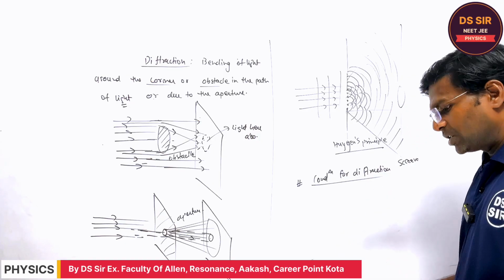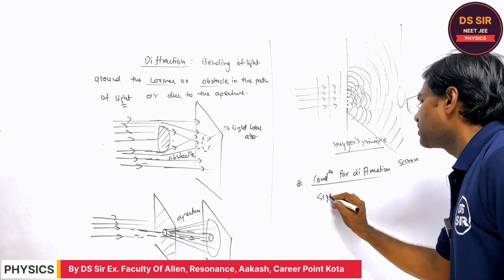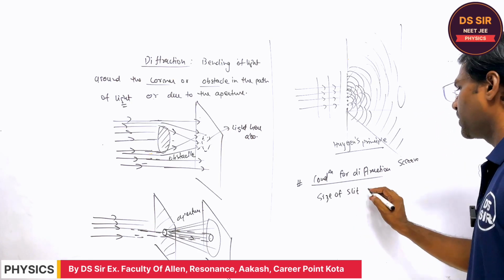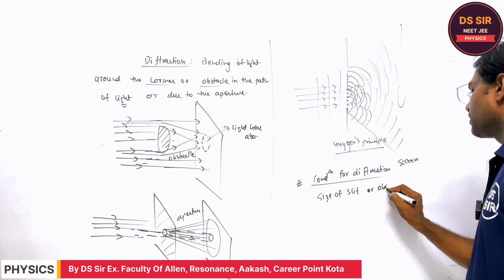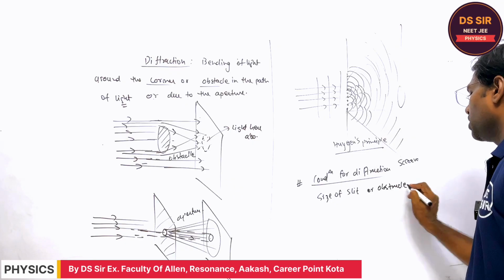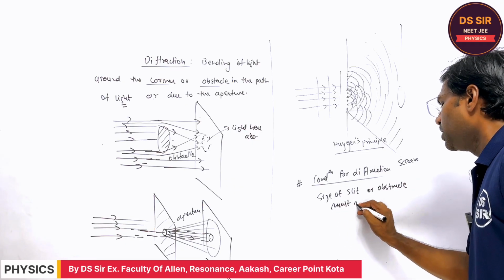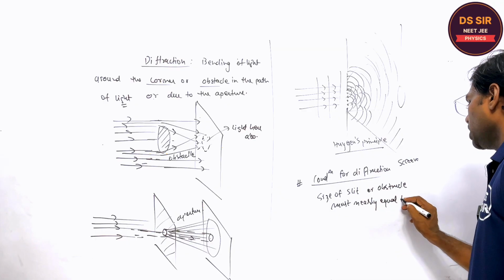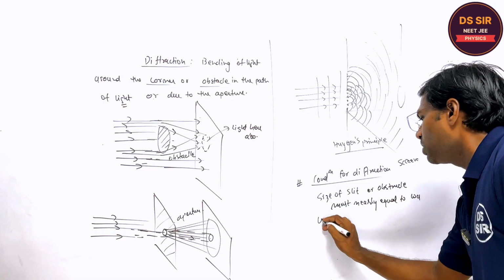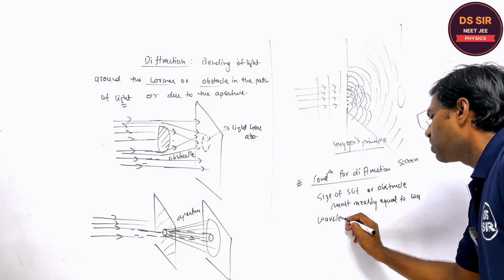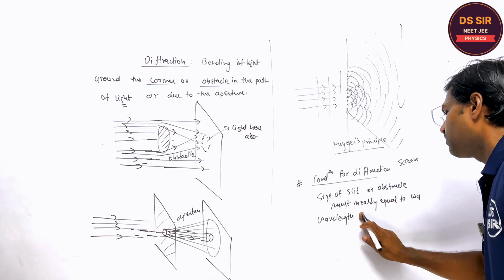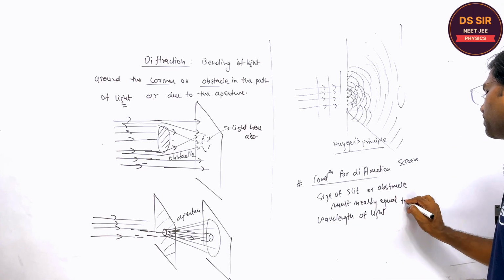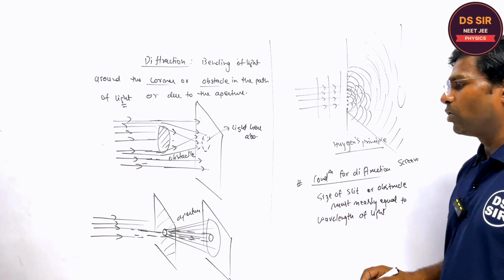To get the diffraction, the size of the slit, aperture or obstacle must be nearly equal to the wavelength of light. Do you understand this? This is the condition. Otherwise, the diffraction you will not get.